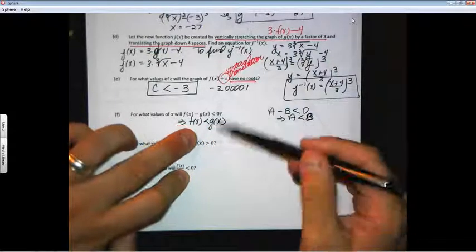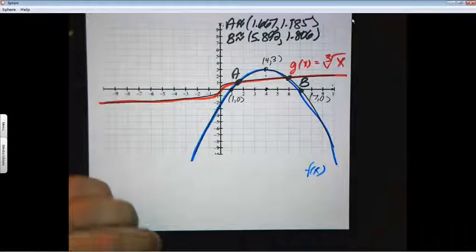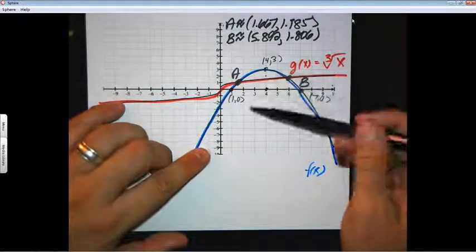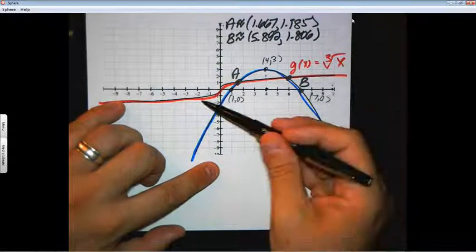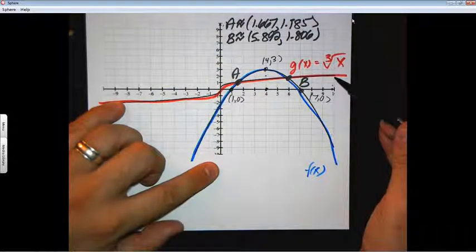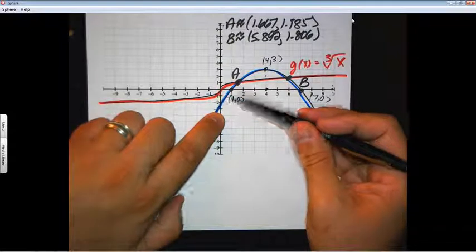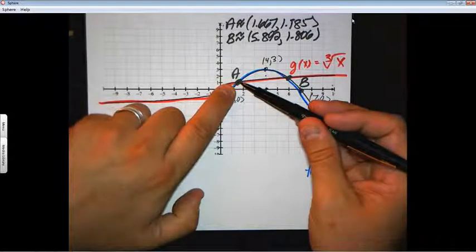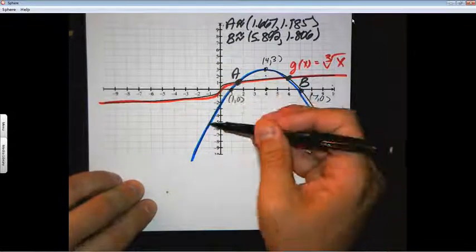If I were to tell you that a minus b, one number minus another number, is less than 0, the only way this can be true is if the first number is smaller than the second number. So a is less than b.